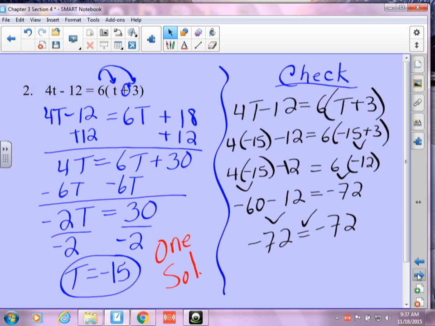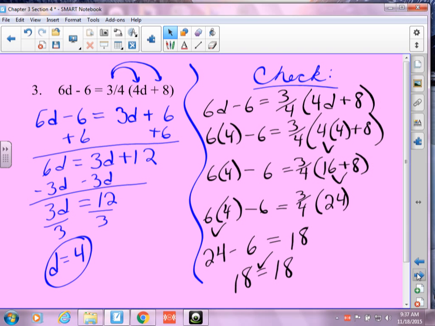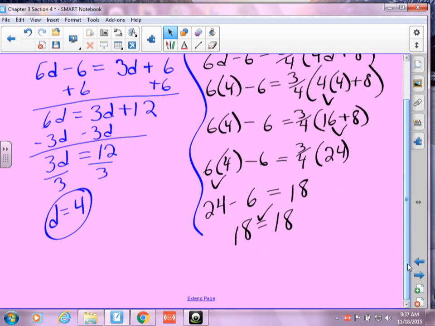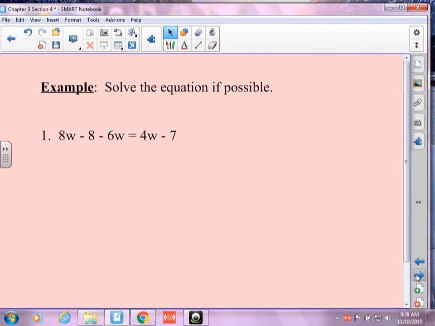Go to the next one. How many solutions would work? 1. What number was it? 4. So this is also a 1 solution. So far, when we've solved equations, we've always had one solution. And the directions were always solve and check.